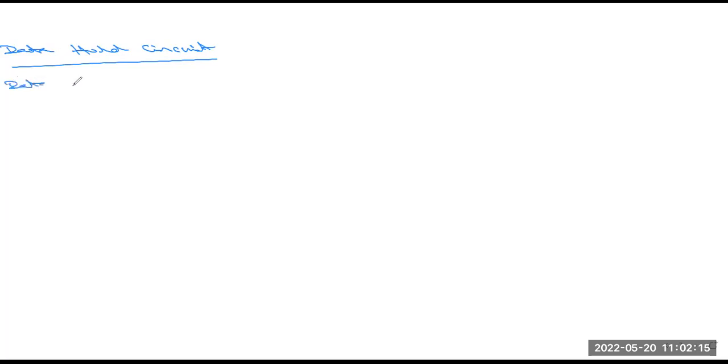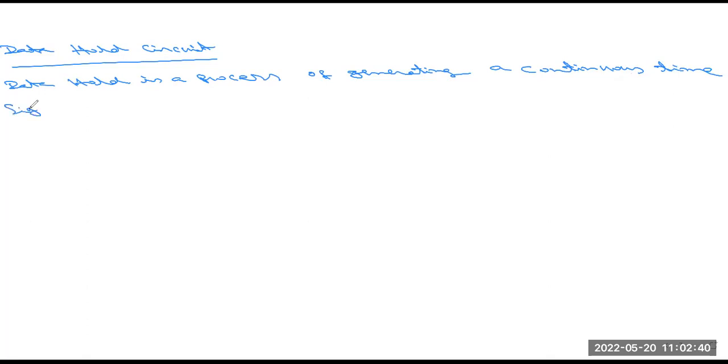Data hold is a process of generating a continuous time signal h of t from a discrete time signal x of kt.